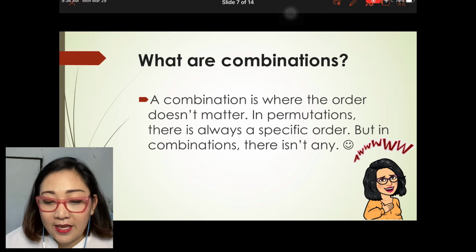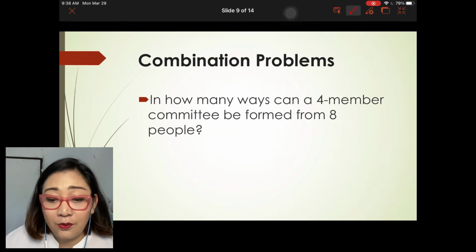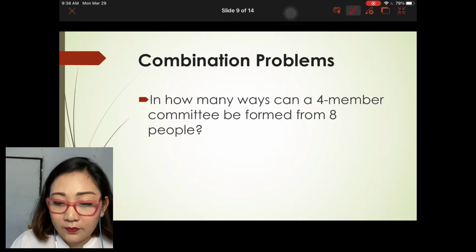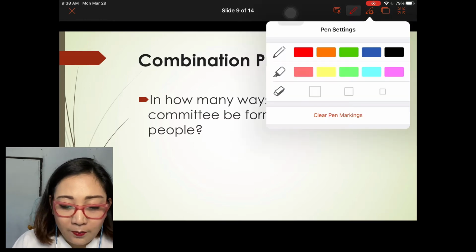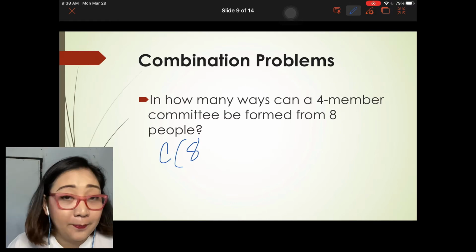How many ways can a 4-member committee be formed from 8 people? So, here, the order of the people doesn't matter. So, we're going to use combination. So it's going to be the combination of 8 people because you have 8 choices taken 4 at a time.